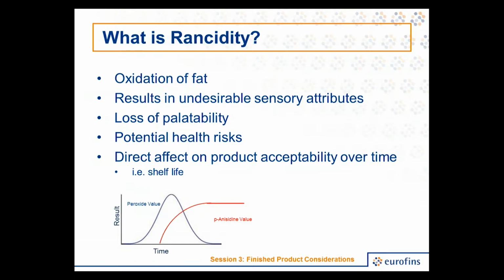Now, to start, we have rancidity. And a common question is, well, what is rancidity and what does it mean for my product? So rancidity is the oxidation of the lipids or the fats in the product. This results in undesirable sensory attributes or organoleptic sensations, so bad smell, bad taste.